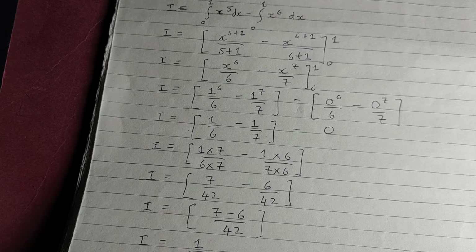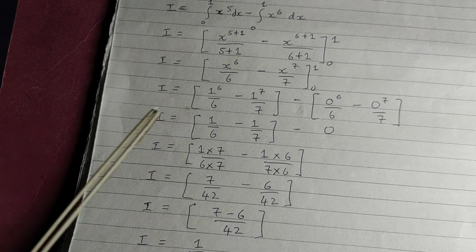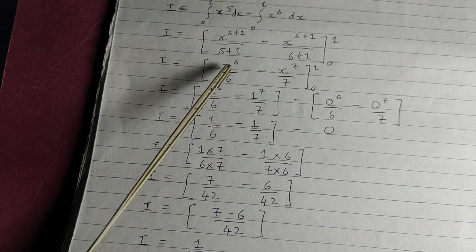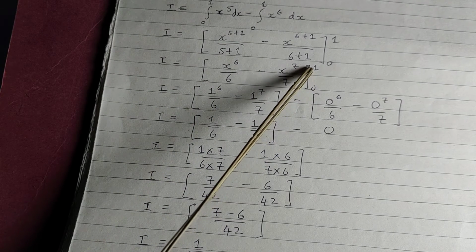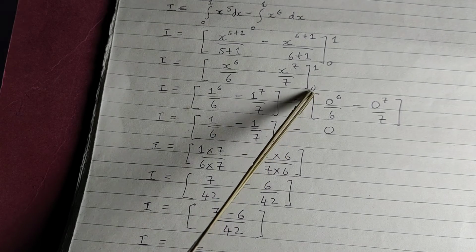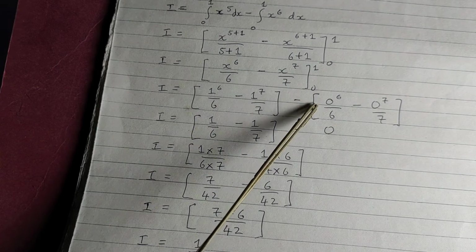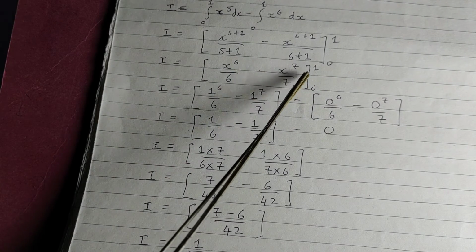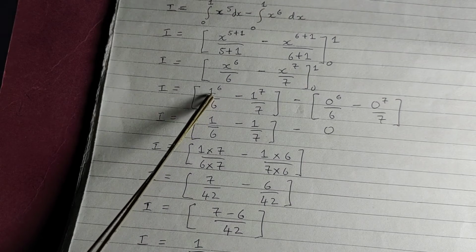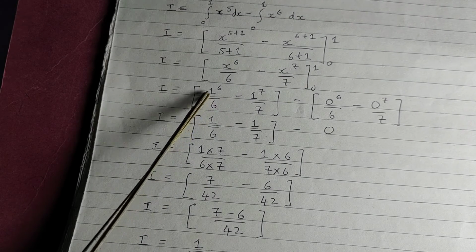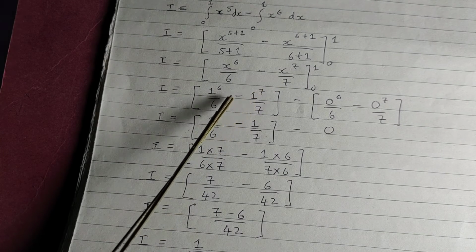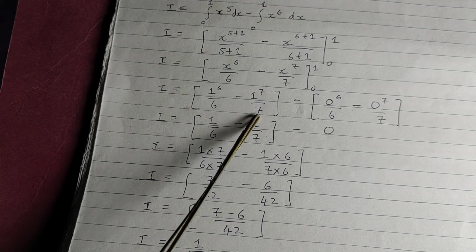Now what we need to do is put the limits. Once we put the limits, you know that we have to put them according to the upper limit and the lower limit. So wherever x is there, we have to put first the upper limit, minus, then wherever x is there, we have to put the lower limit. So here, instead of x, we are putting 1. x raised to 6 would be 1 raised to 6 divided by 6, and x raised to 7 will become 1 raised to 7 divided by 7.